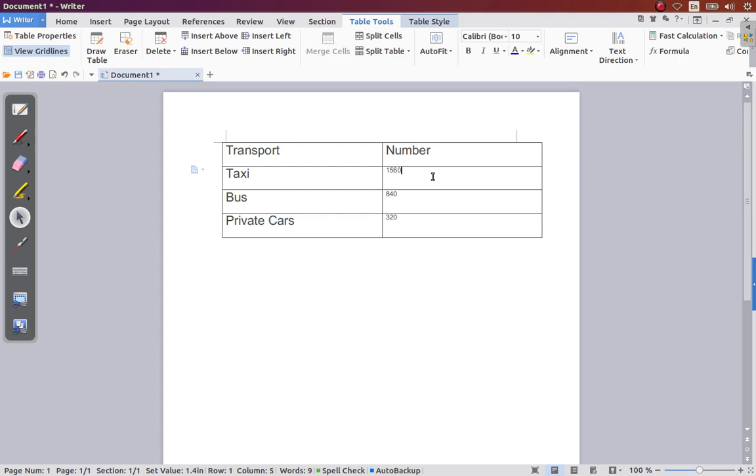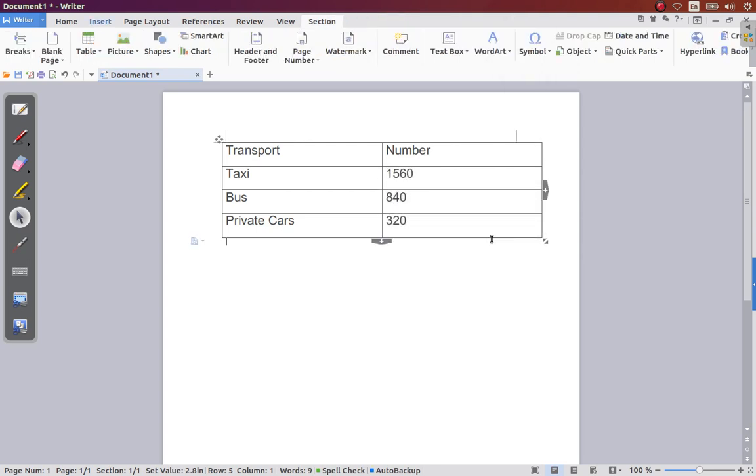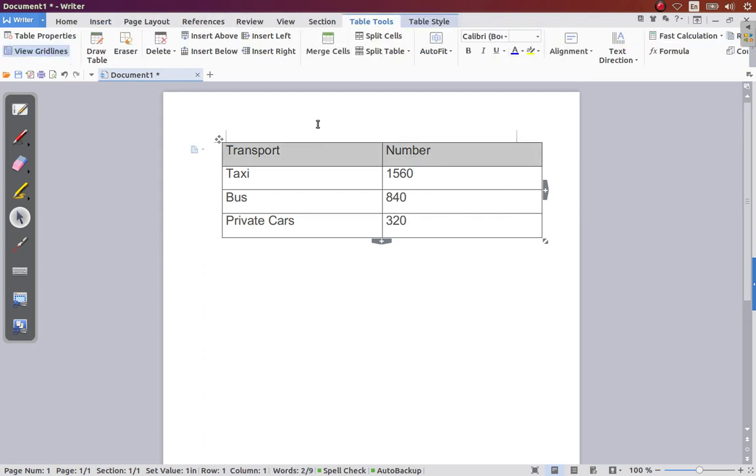Right? Traveling by taxi is very popular in that area. Now, you might want to give a presentation. Persons might not have too much of a problem looking at these figures. All right? By the way, since these are the headings, let me just bold them. Good.